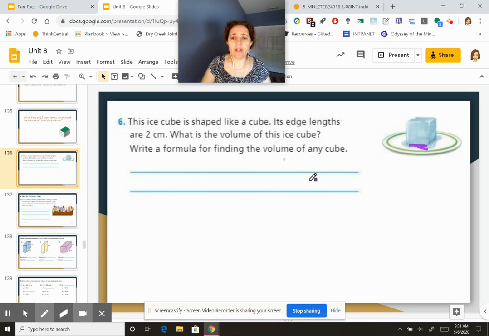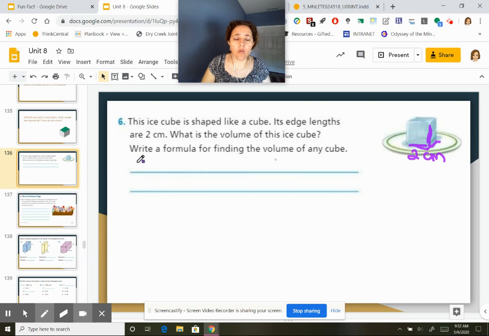Write a formula to find the volume of any cube. So if this is 2 centimeters and it's a cube, then I know that this also has to be 2, and I know the height also has to be 2, because remember that a cube is made of squares, and squares have the same measurement all the way around.